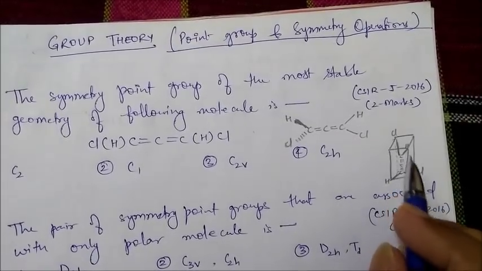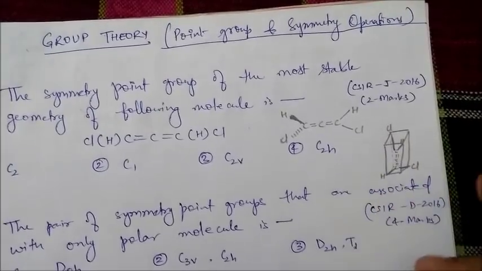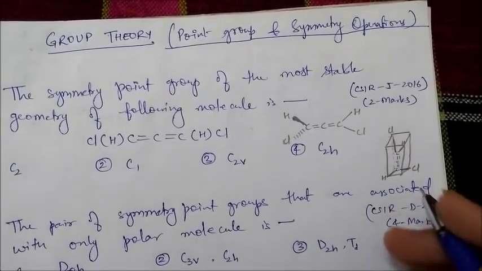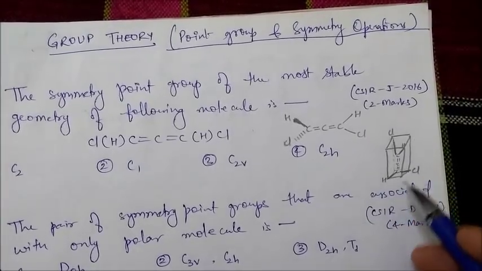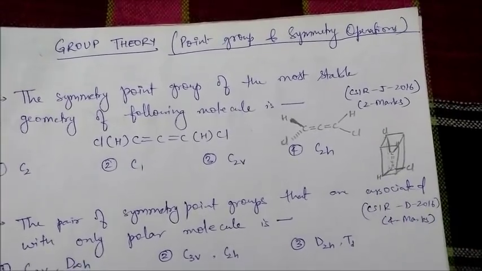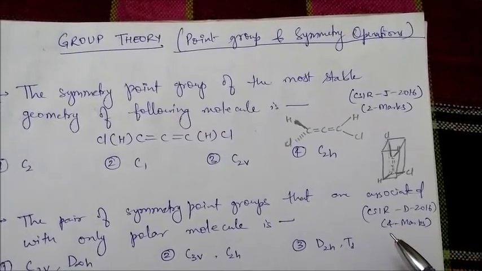If you rotate this molecule by 180 degrees, the hydrogens will shift themselves and the chlorines will shift themselves. So one axis is there that is rotated by 180 degrees, so the axis is a C2 axis.